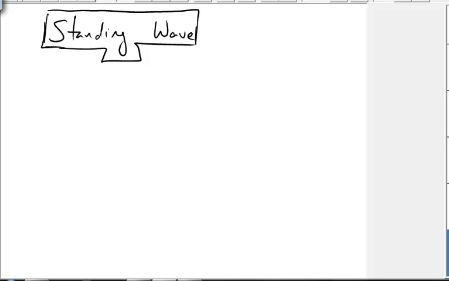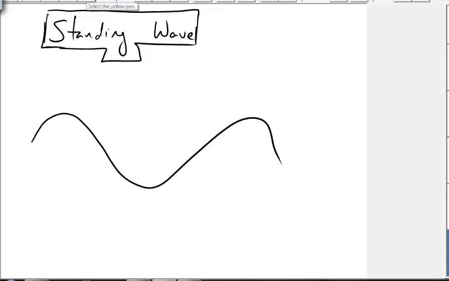Now, they don't know it's a standing wave, but a standing wave looks like this. And it's moving so fast that it is its own reflection. And so it's like you see the wave appear at multiple points at the same time, with the exception of these points right here, which appear to be stuck in time.